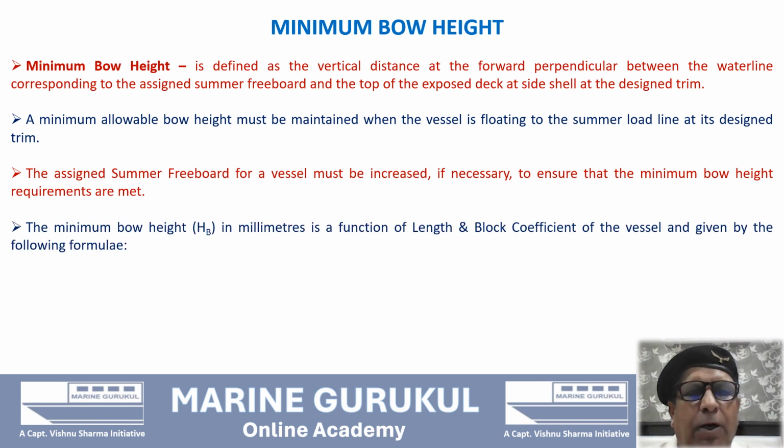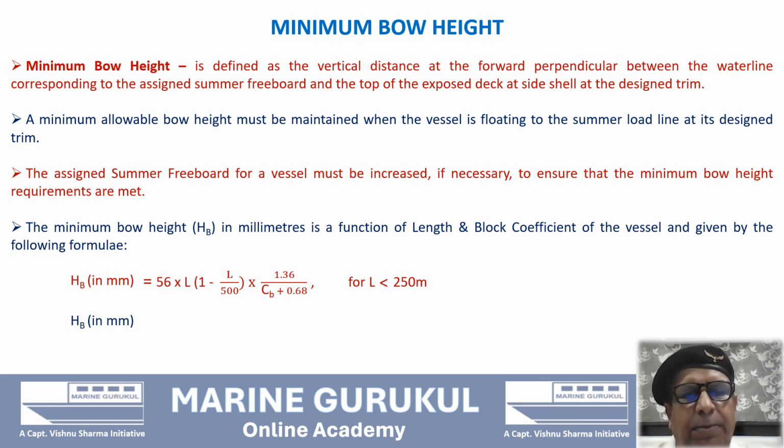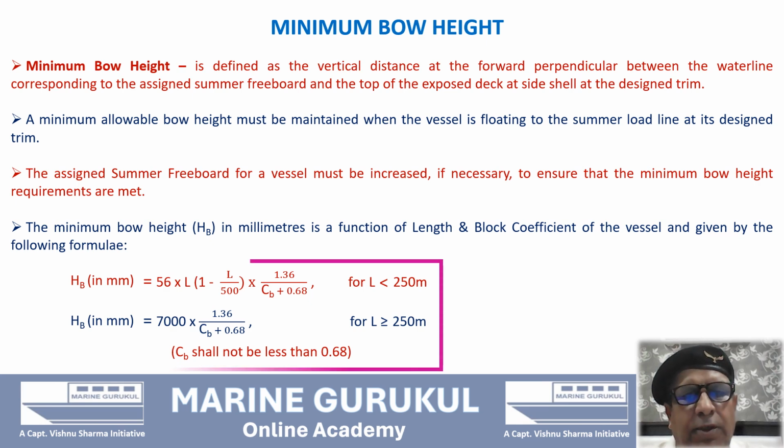The minimum bow height required in millimeters, HB, is calculated by formulae which are a function of the length of the ship and her block coefficient, and the formulae are different. One formula is for ships of less than 250 meters in length, and we have another formula for ships of 250 meters or more in length.